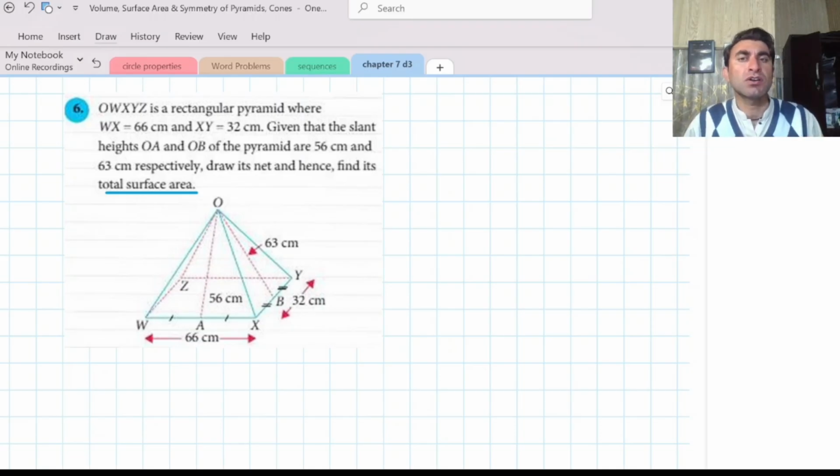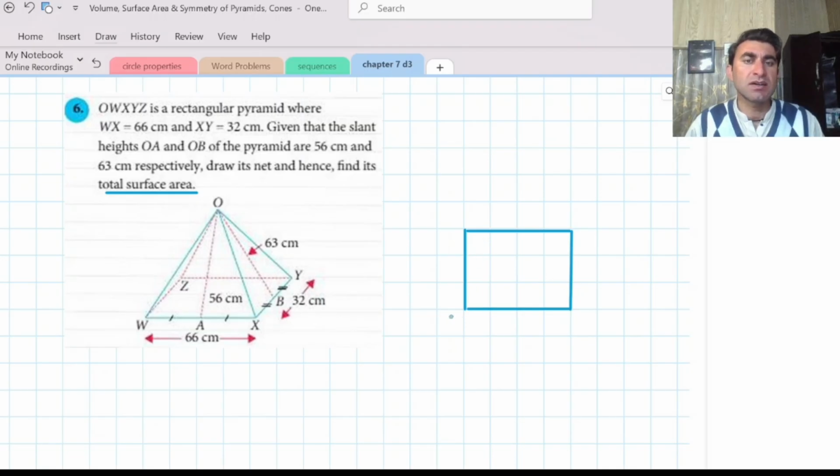So in order to draw the net of this pyramid, first of all we will draw the base. As we know, it is a rectangular pyramid, so its base is a rectangle with the two sides 66 and 32 centimeters. So here it is the base of this pyramid.